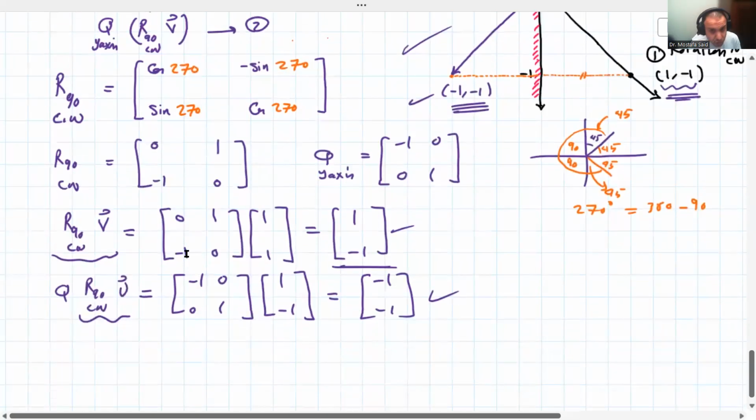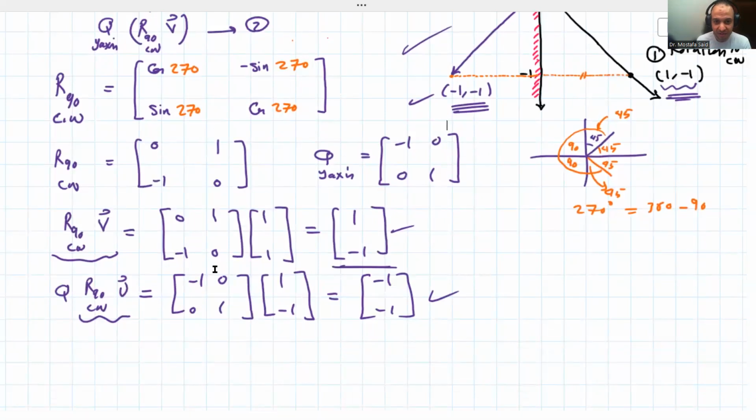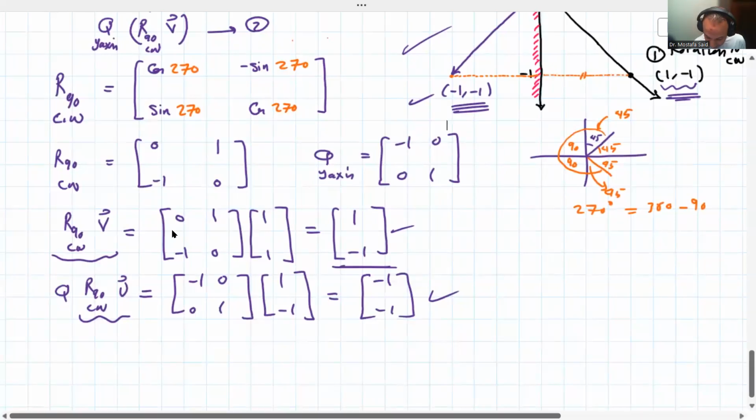Just one very important note before you go away: I made this mistake myself. The order is extremely important. You cannot switch the matrices. You cannot multiply Q first with V and then R. Let's pretend that we are making the mistake and see what the result will be.